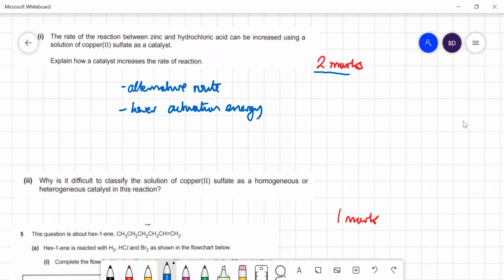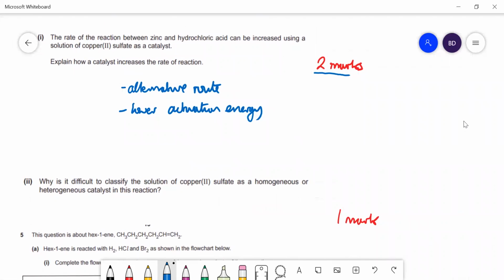Right, now the next question. Why is it difficult to classify the solution of copper 2 sulfate as a homogeneous or a heterogeneous catalyst? Well, let's think about what phase the copper sulfate is in. Well, it's aqueous solution. Let's look at the zinc. The zinc reacting, zinc is a solid, and the hydrochloric acid is in aqueous solution.